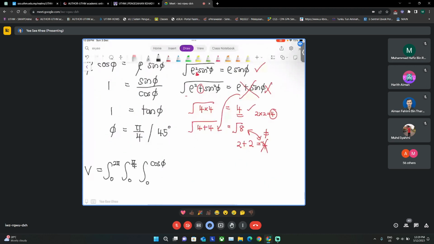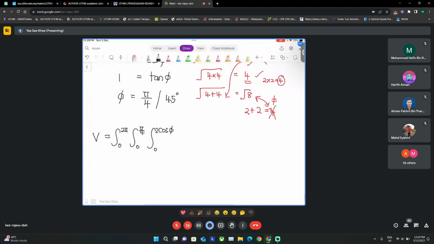Okay, 2 cos phi. Here is equal to 1 multiplied. No need to write 1. Rho square sin phi d rho d phi and d theta.